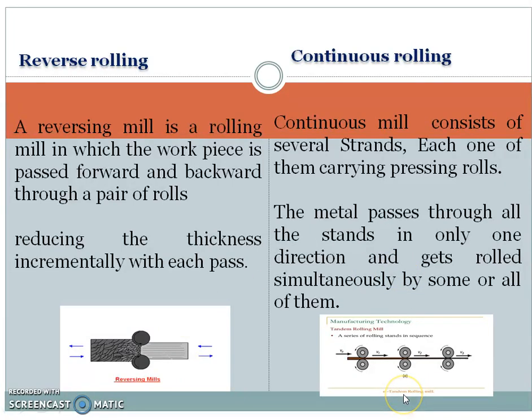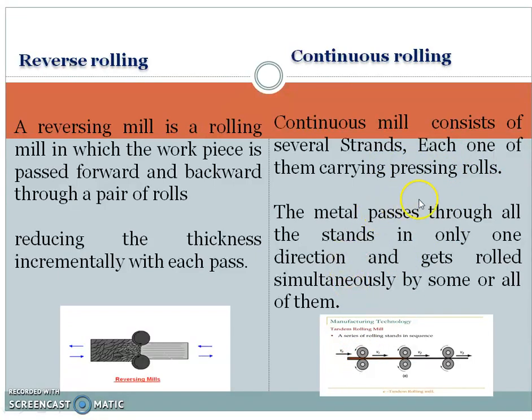Continuous rolling means we have different rollings continuously, so whatever metal is present goes through all the stands one time. There is no reverse process. It consists of several stands, each one carrying pressing rolls.